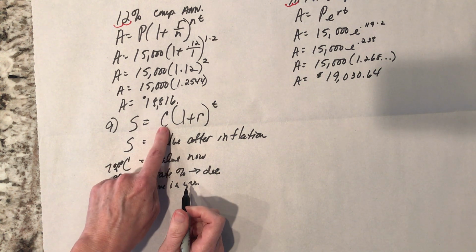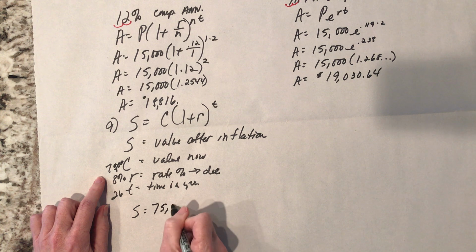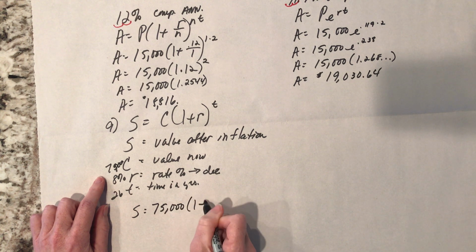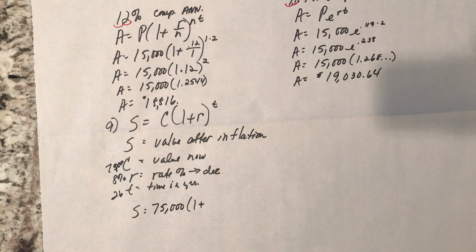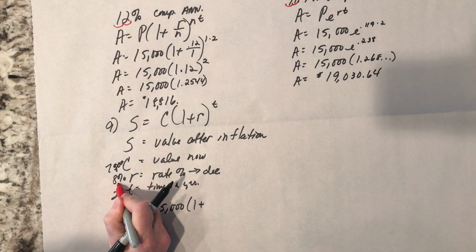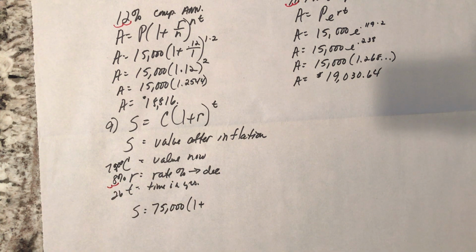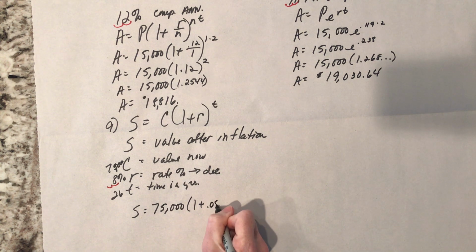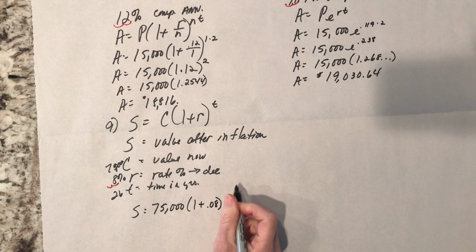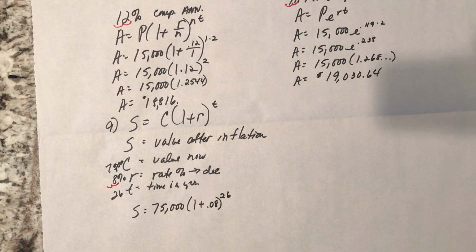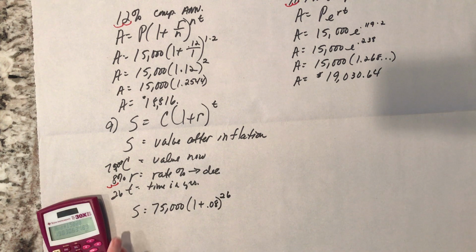We're going to put in our current value of the house, 75,000, times 1 plus the rate. Move the decimal point for 8 over 2 places, and it looks like 0.08, raised to the T, the number of years, to see what the inflation rate will do to our house.